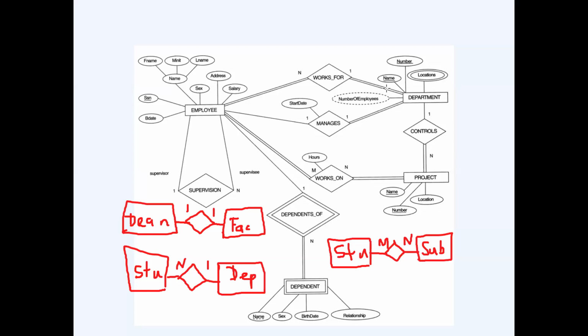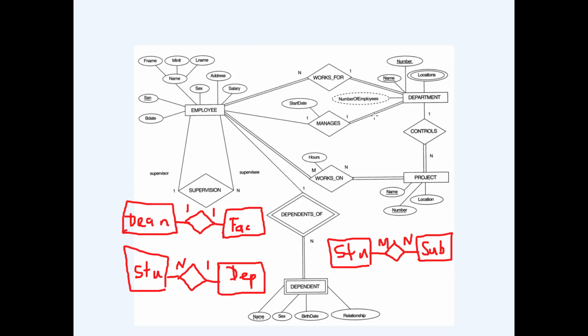Now take the managers here. You know that some employees work as managers. This single line indicates a partial participation. Partial means not all the employees work as managers, only some. So when not everyone is participating, it will be a single line. Look at the other side. We have a double line, which indicates that every department has a manager.